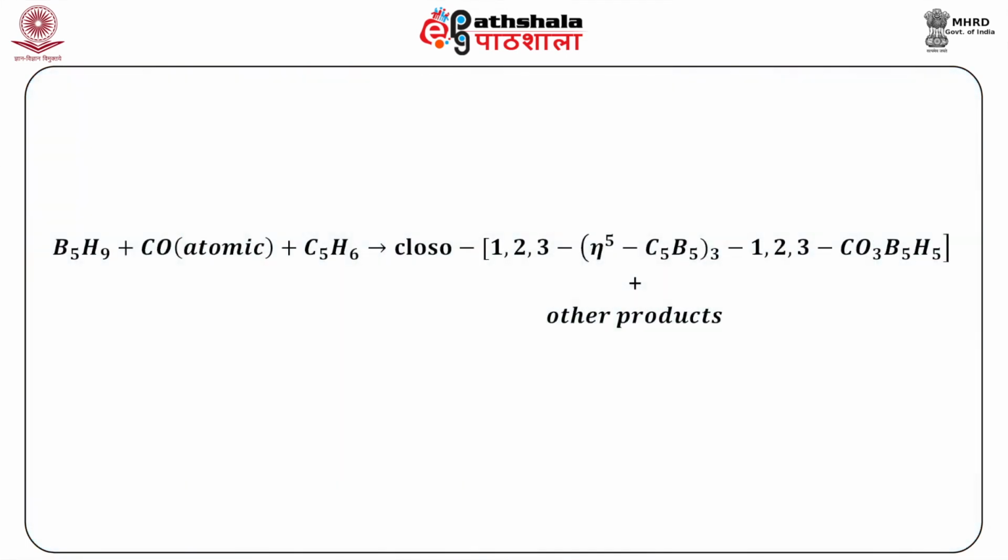For example, B5H9 when it reacts with atomic cobalt in the presence of cyclopentadiene gives you a metalloborane cluster having cobalt as the metal atom plus other products, thereby decreasing the yield of the metalloborane cluster.